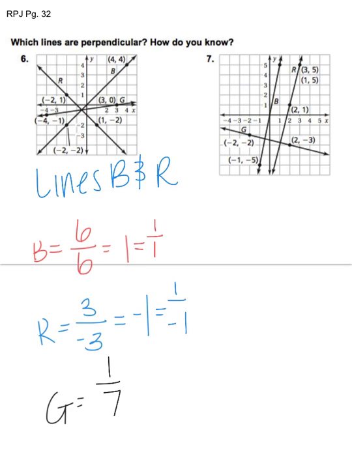Those two are opposites, and they're the reciprocal, and when I multiply them together, it gives me negative 1. So with your table, go ahead and try this second one. Find the slope of each line, and then figure out which two are perpendicular.